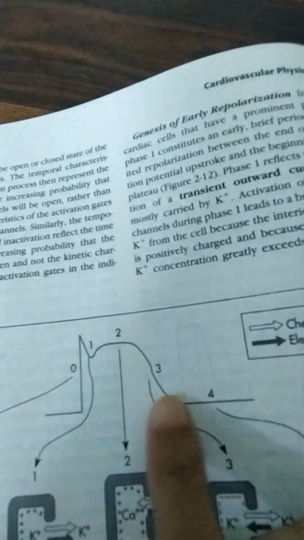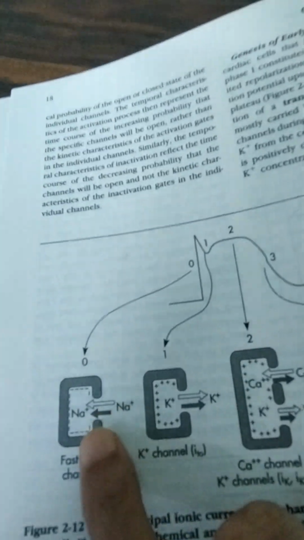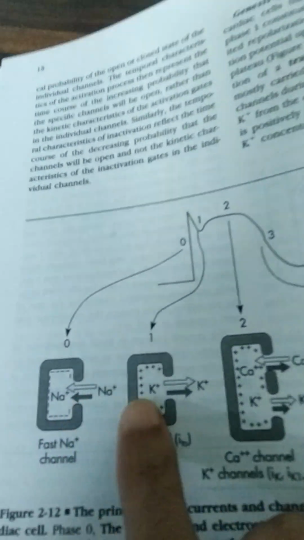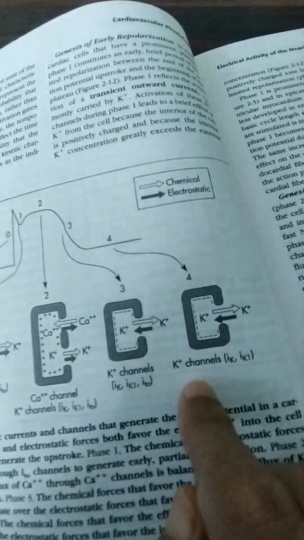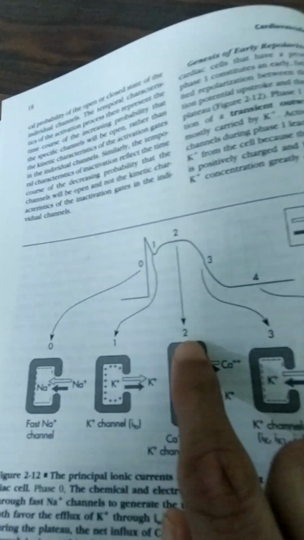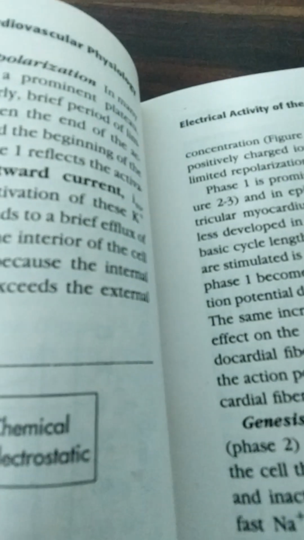These are the ventricular action potentials, the different phases, and discussed very well, like sodium entry, potassium exit, or calcium entry, or potassium exit, and maintenance of resting potential through potassium exit. So these are the things you can see very well explained and depicted.